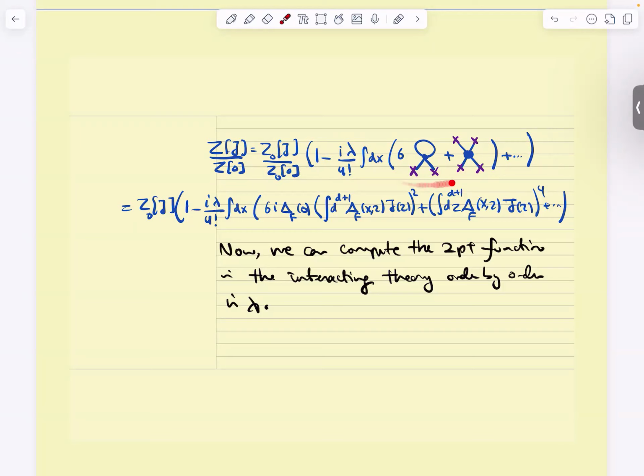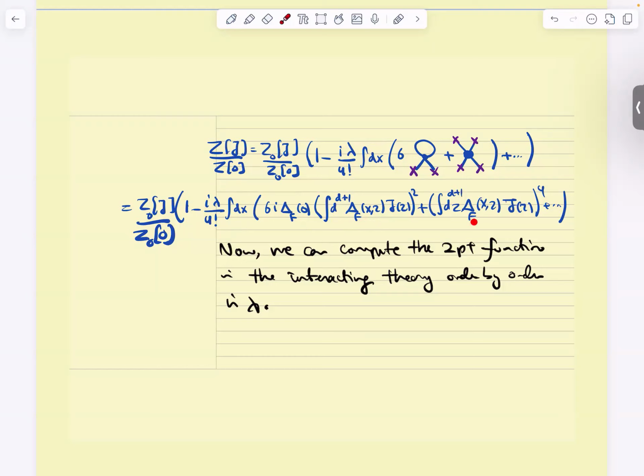All right, so let's focus on these terms. So this is 1 minus i over lambda 4 integral over dx of, what is this? This is the propagator Δ_F(0), right? Δ_F(x,y) J(z) squared.